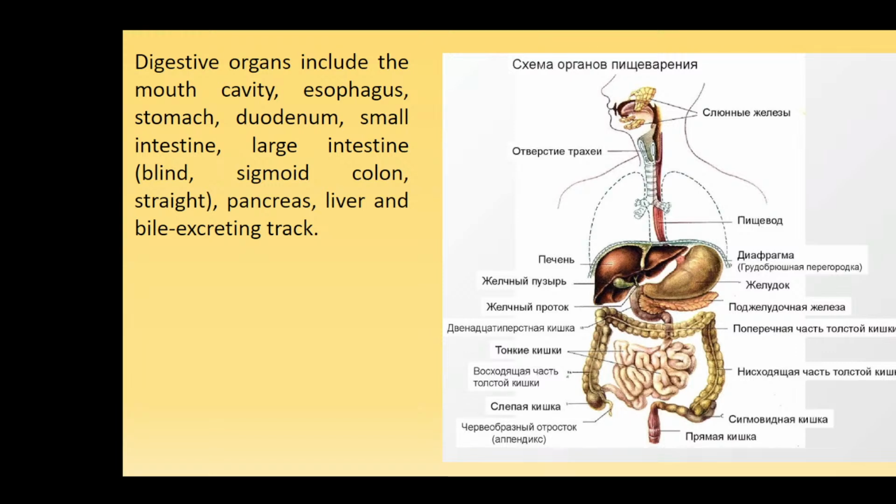You can see in these pictures: oral cavity, mouth cavity, esophagus, stomach, duodenum, small intestine, large intestine, pancreas, liver, and bile excreting tract. The tract includes the gallbladder.